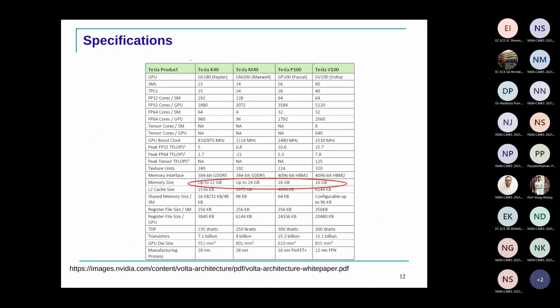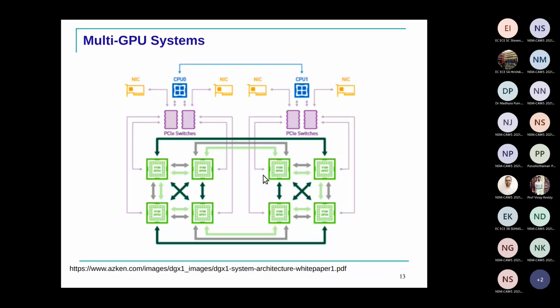Now because memory has become one of the constraints, people have started going for multiple GPUs, just to address the memory capacity issue. So nowadays you have multiple GPUs in one machine. This is the architecture of a DGX1 system. Nowadays we have DGX2 also. DGX1 consists of 8 GPUs.